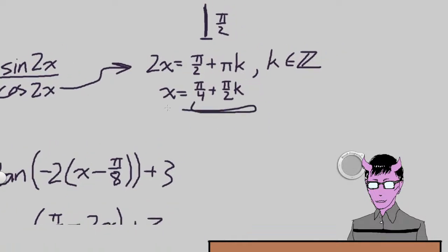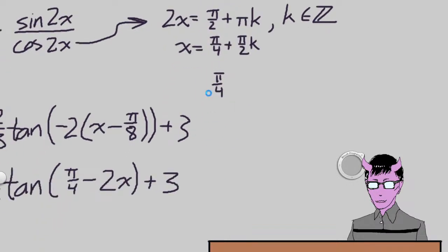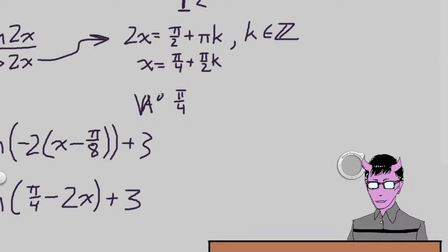So this is basically how we travel from one vertical asymptote to the next. If we default to k equal to 0, then we get our first clear vertical asymptote, which is pi over 4. So this one is going to help us out for the initial graphing. So there's one of them. I like to get the -1 as well.